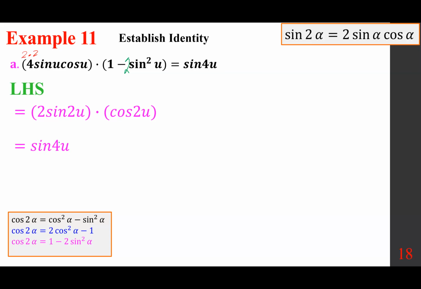Again, if for any reason you have a difficulty seeing that, you can let 2u be alpha. So what you're dealing with is 2 sine alpha cosine alpha, which becomes sine of 2 alpha. And now you replace the alpha with 2u, you get sine of 4u. So that's another way of writing that, everybody.